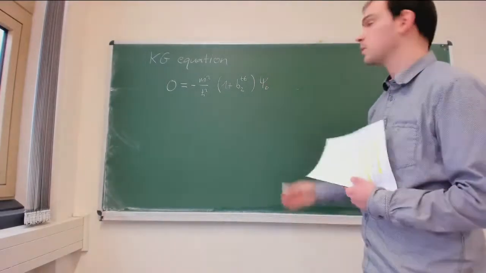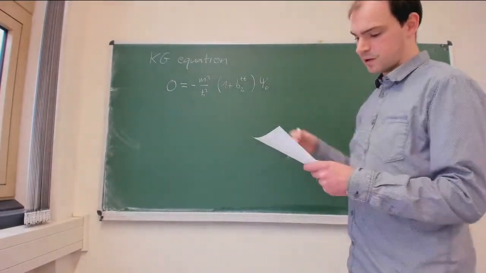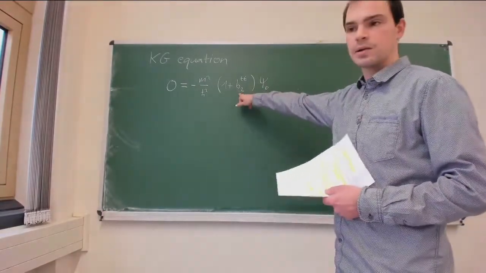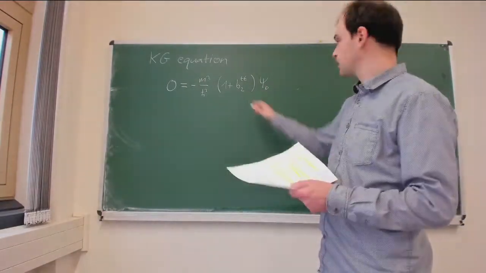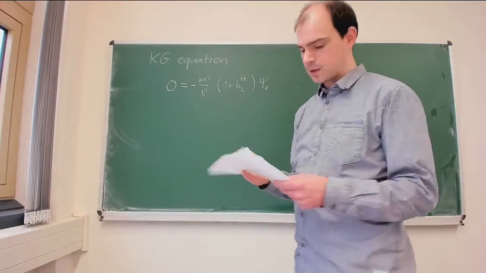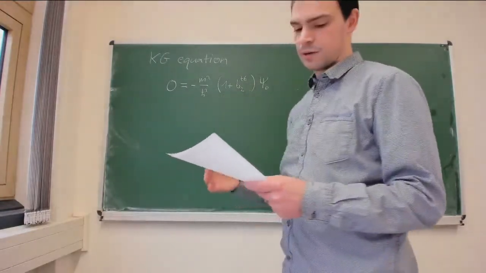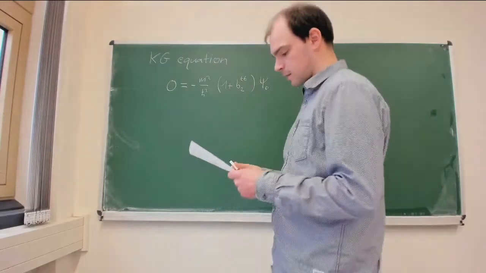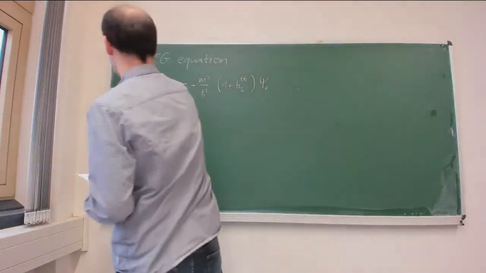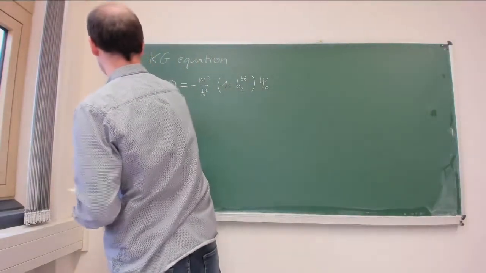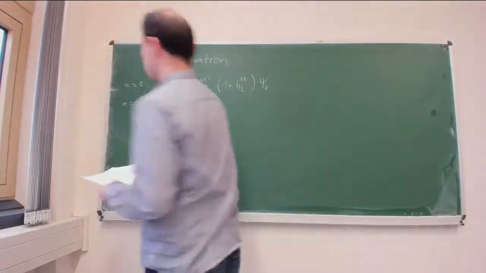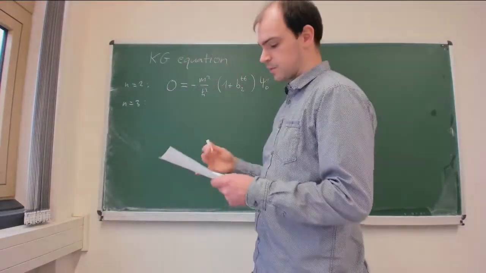And this will also again be trivially satisfied, because if we calculate b2 tt, we find that it is minus 1. So both orders n equals 1 and n equals 2 are just trivial. Then we can go to the next order, n equals 3.